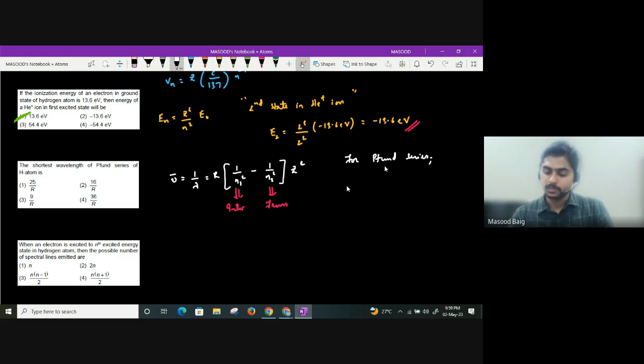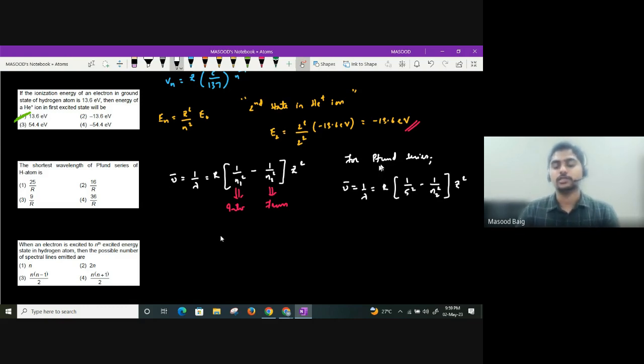So what will be our case here? The wavelength of the photon emitted will be given as 1 by 5 square minus 1 by n2 square into Z square. So when will you get the shortest wavelength, guys? When emission is taking place from infinity to the given state. So for the shortest wavelength, n2 value should be infinity, beta.